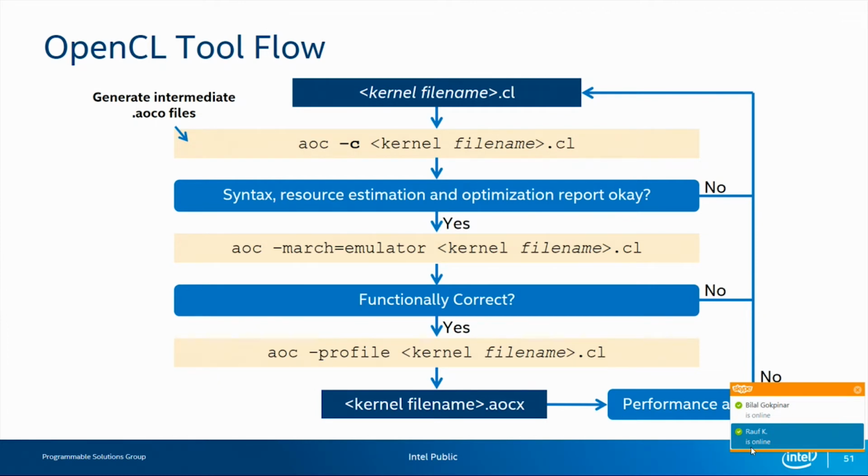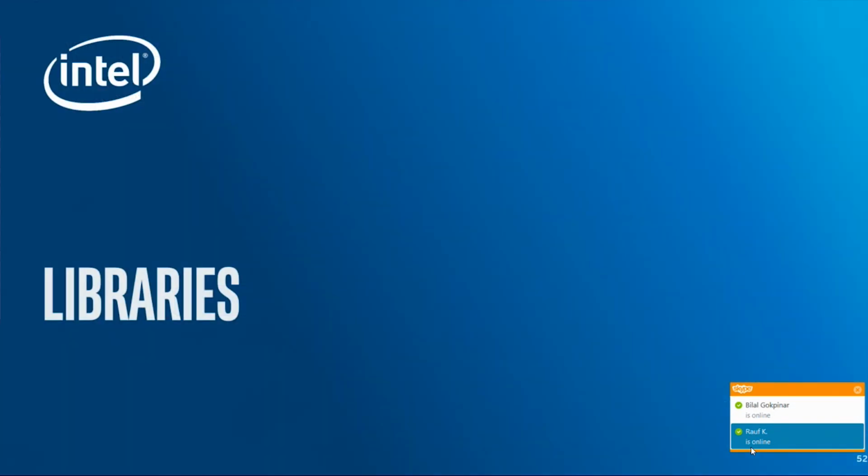And then once you are happy with this sort of feedback, you go and make the full compile and add the profile parameter to the compile line, which actually adds counters to the global memory accesses, and that basically takes back available information from runtime to show you how much memory bandwidth was utilized by which kernel, so that you can optimize it further.